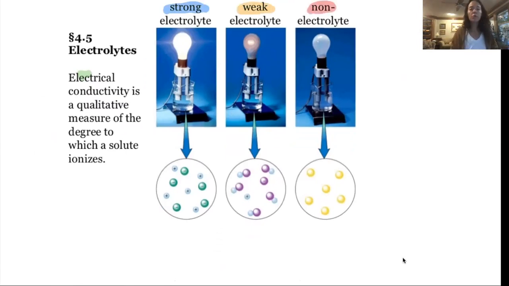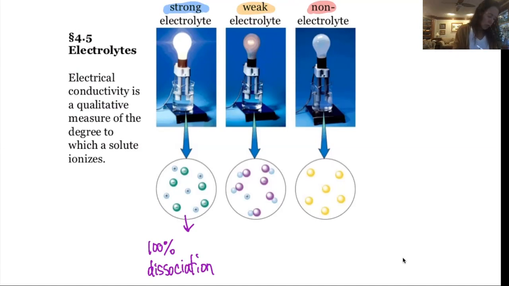You should be able to represent all of these in a particulate level diagram or drawing, just as is provided for you here. Notice a strong electrolyte has 100% dissociation. An electrolyte in this context is a solution that can conduct a current, and it's the presence of those ions that allows the current to flow.